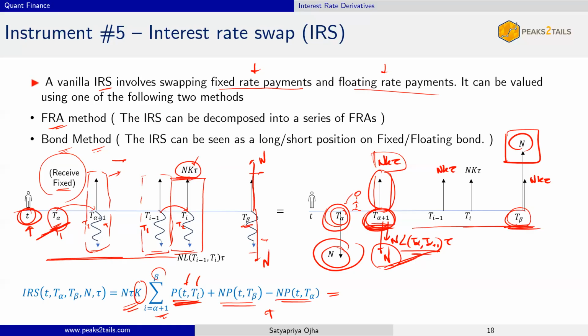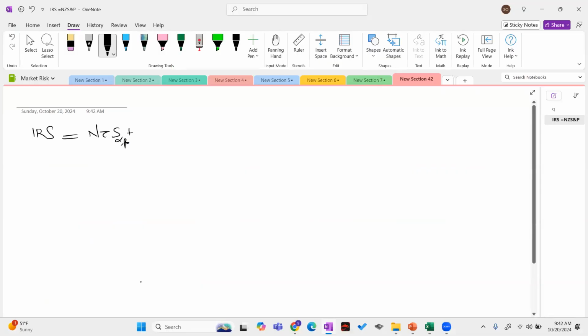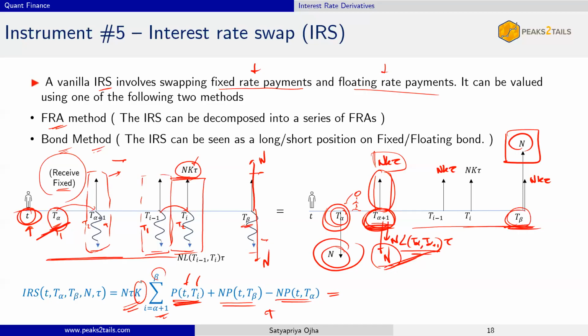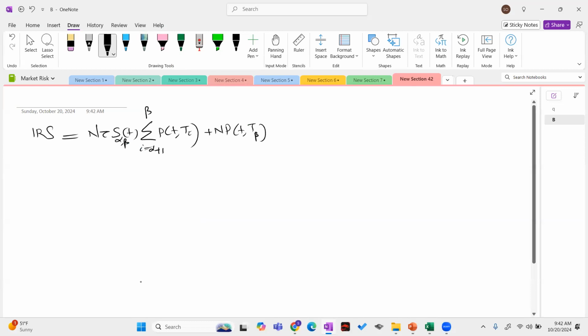I'm saying it is the hypothetical fixed rate coupon, so let's say that is S. This is some hypothetical fixed rate at time t, the valuation date, such that P(t, beta) minus n P(t, alpha), this valuation is 0.